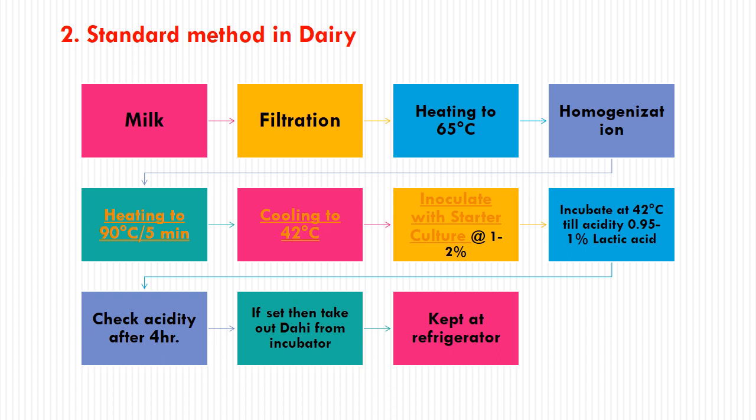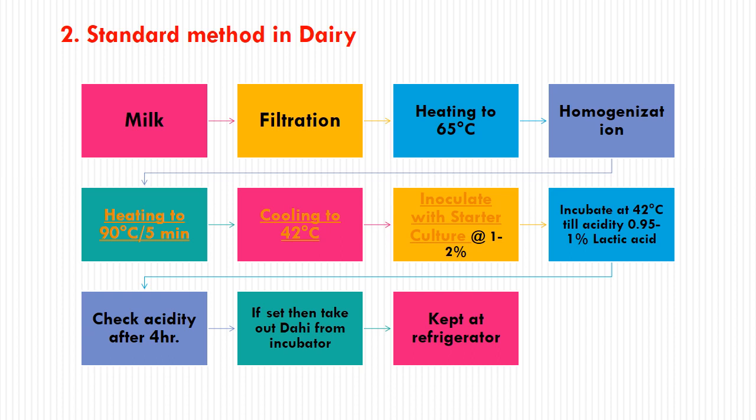If we keep it at this temperature, the better starter cultures will grow, and we should have growth and acidity up to 1%. So after around 4 to 6 hours, we should check the acidity or setting. If there is proper setting, then that shows the curd is ready, and at this time the curd should be removed from the incubator and kept in the refrigerator.